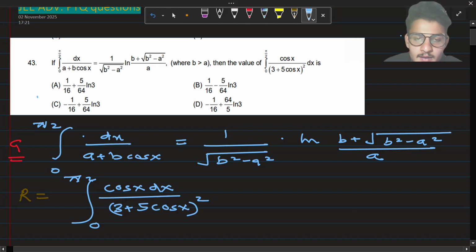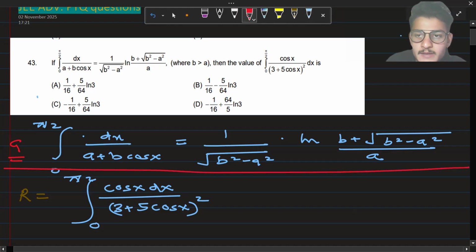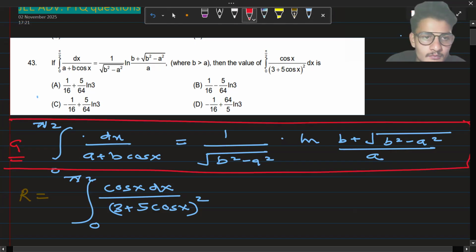If you see in the given part, above in the red box, you will see this is the given part. Okay, this is the given part. And down below is the required.